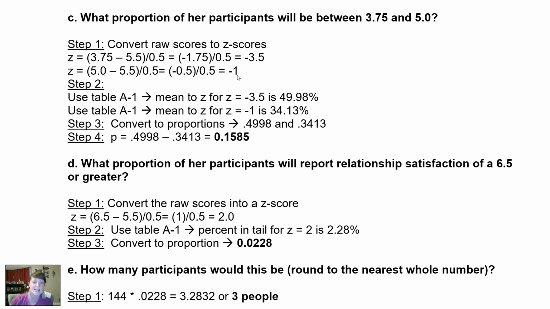So again, I'm going to use that z table, look up the mean to z for 3.5, because again, for -3.5, it's exactly the same. And I discovered that 49.38% is going to be between the mean of 0, so let's look at that again, the mean of 0, and -3.5, which is way the heck out here, right?